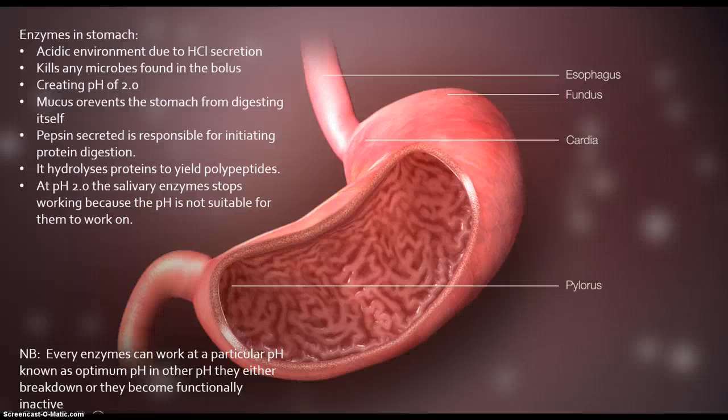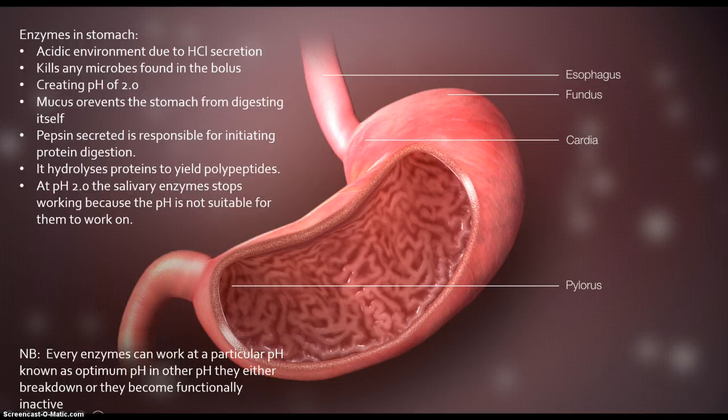The mucus which is secreted by the stomach protects the stomach from digesting itself, because it is also a skin. It can get digested by the action of the acid. This action of the acid is being compensated by the mucus which is secreted by the inner linings of the stomach. The stomach also secretes pepsin, which is responsible for protein digestion. It breaks down the large proteins into small polypeptides.